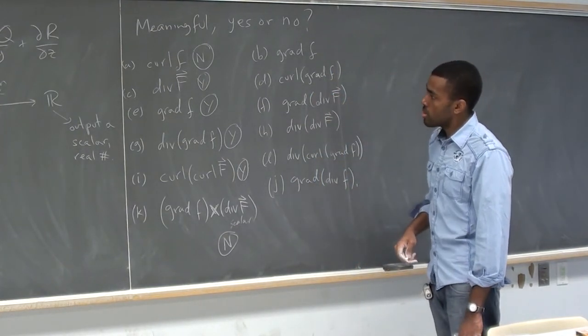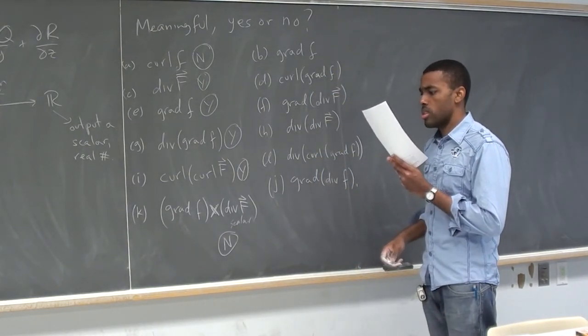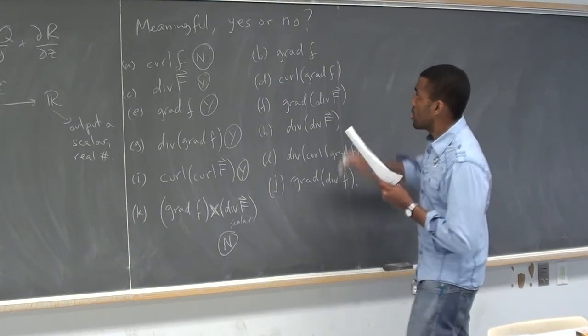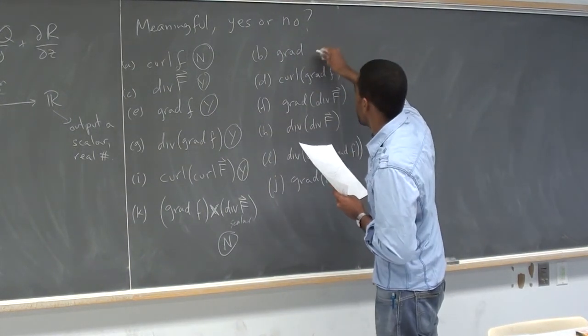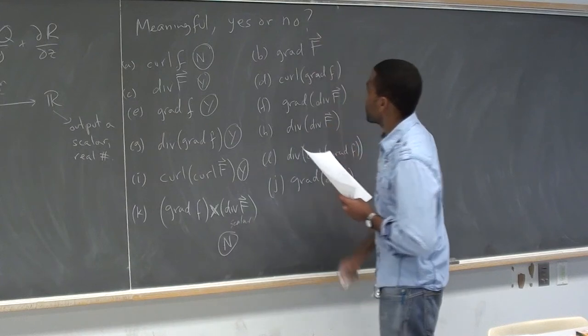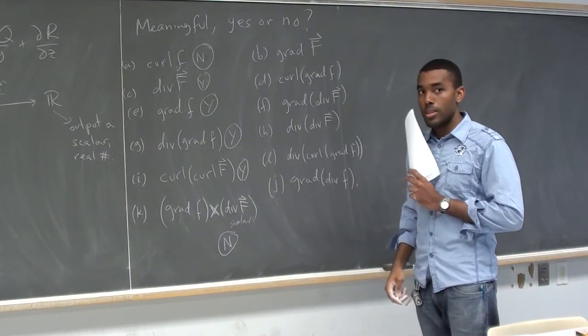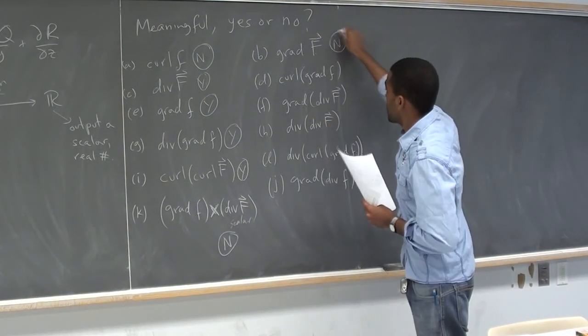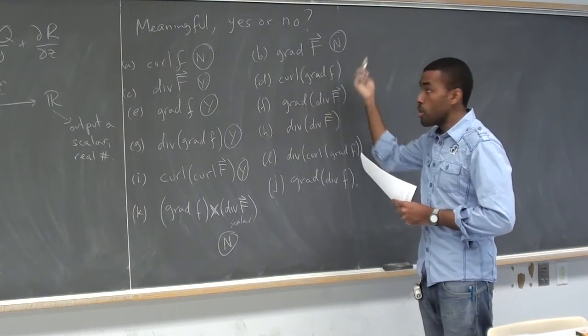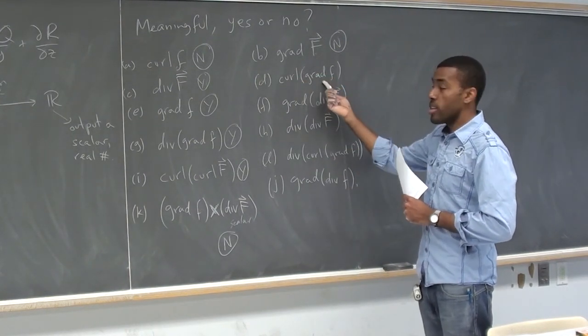Grad f, is that this? Yeah, one of them was a typo. I think one was this guy. Does that make sense? No. Grad, the input is a scalar, the output is a vector. Curl of the gradient of f. Yes.